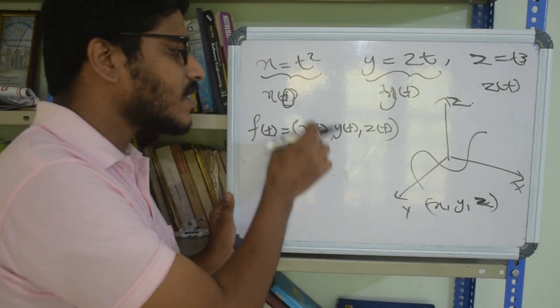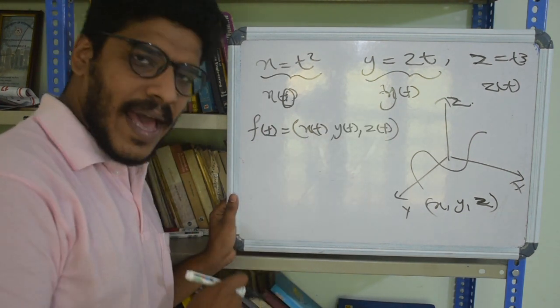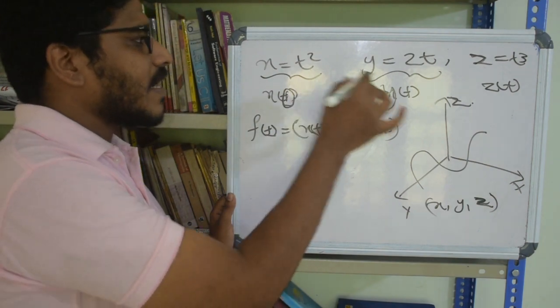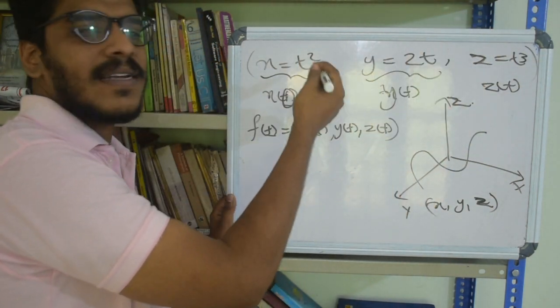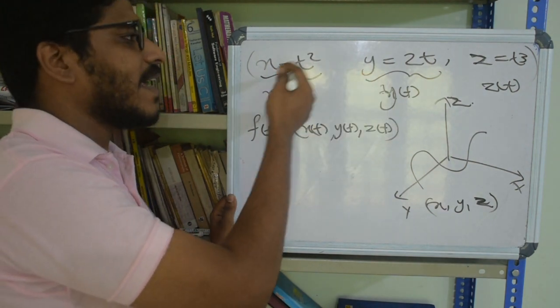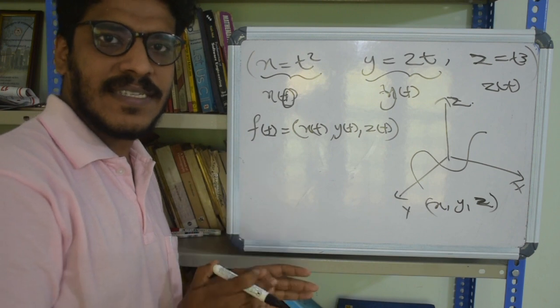So t controls x, y and z, and t is called a parameter. These three equations, where the parameter is involved and the connection between x, y, z and the parameter is expressed, are called parametric equations.